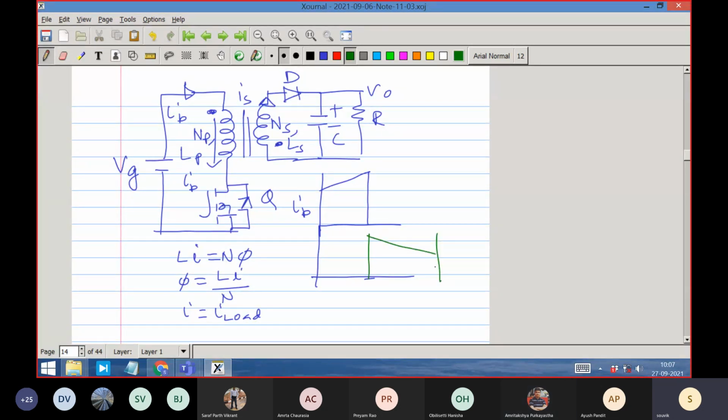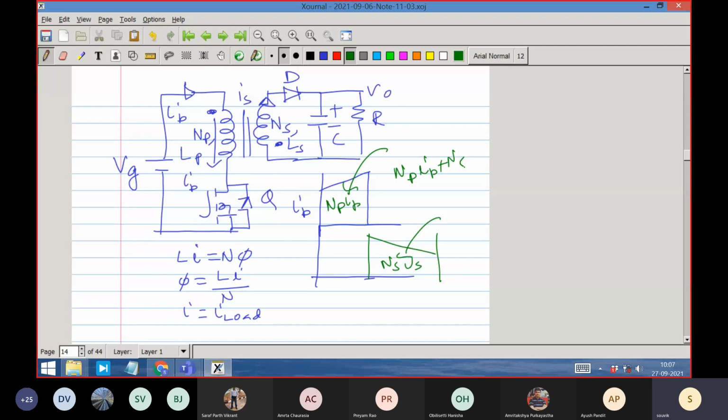So the flux levels are created either by the primary current or by the secondary current. The MMF is NP, IP for the primary, and NS, IS for the secondary. What is the total MMF seen? Generically, it is NP, IP plus NS, IS.